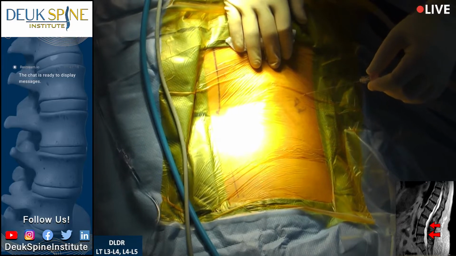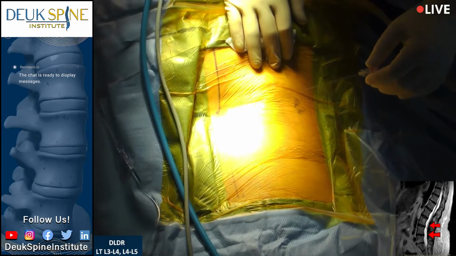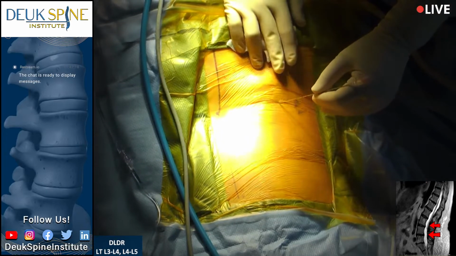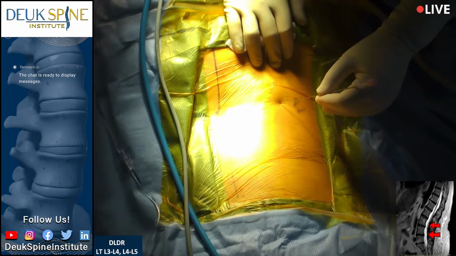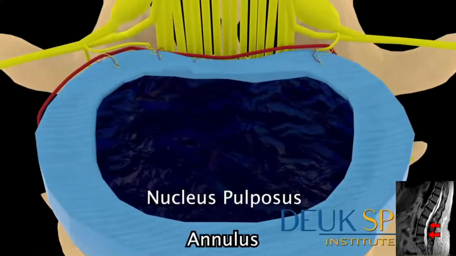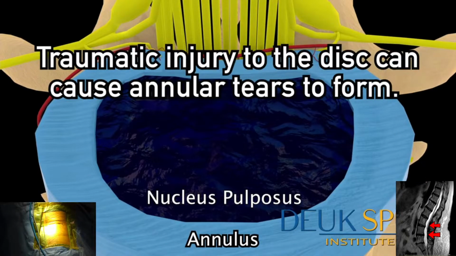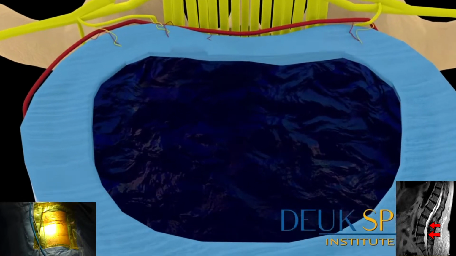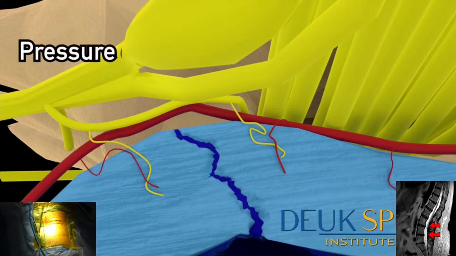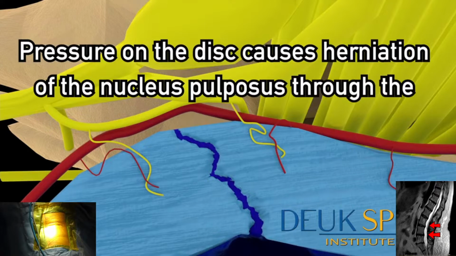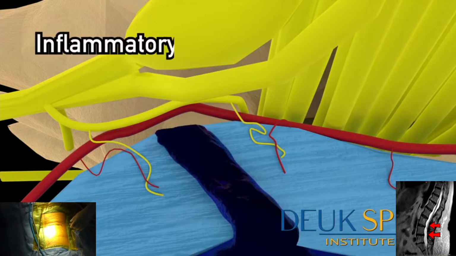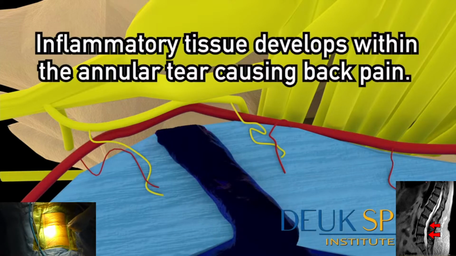All right, let's go ahead and start by showing our audience what the reason is that people with herniated discs end up getting back pain from. Traumatic injury to the disc can cause annular tears to form. Pressure on the disc causes herniation of the nucleus pulposus through the annular tear. Inflammatory tissues develop within the annular tear, causing back pain.